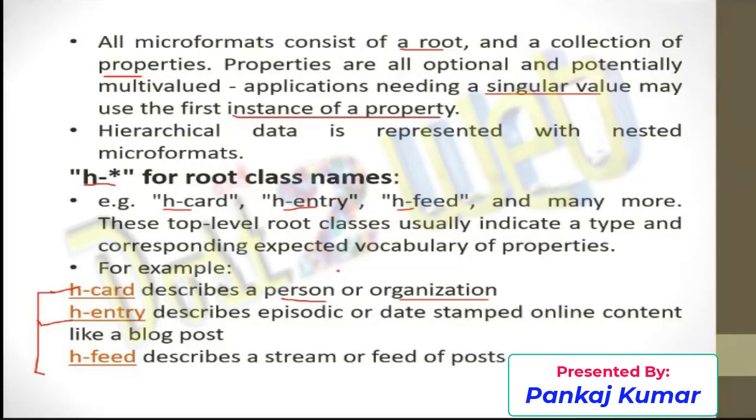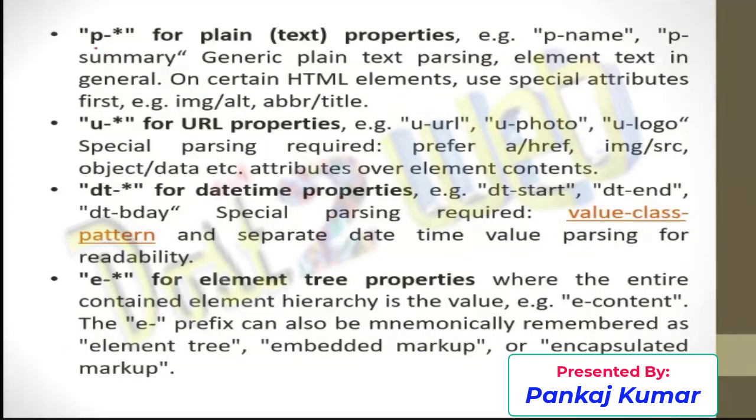You can use this. You even have something called p-star, which is for plain text properties, like p-name, p-summary, and in the same way a name will contain summary information. In the same way you can use u-, that means URL properties: u-url, u-photo, u-logo, which require href, src, object data.